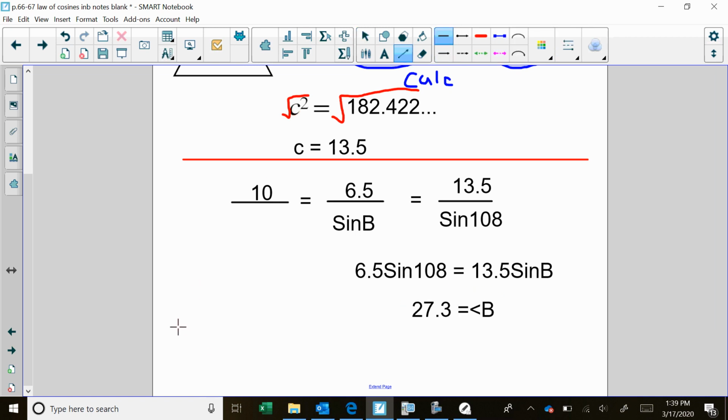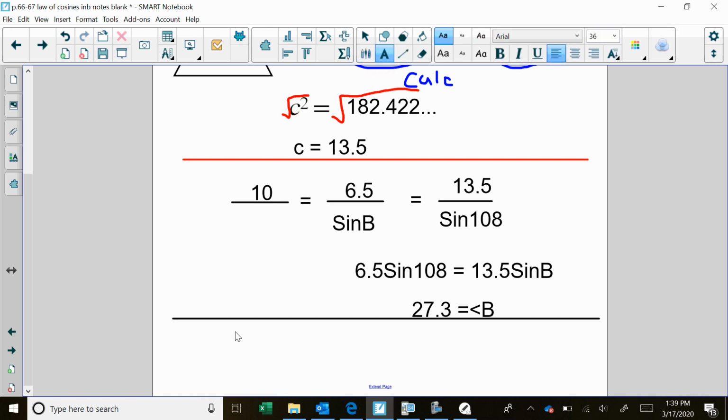And as always, the last angle is done through, that's right, subtraction from 180. So 180 minus the 108 that was given to us minus the 27.3 that we just found will give us angle A. So one quick calculation, 180 minus 108 minus 27.3.